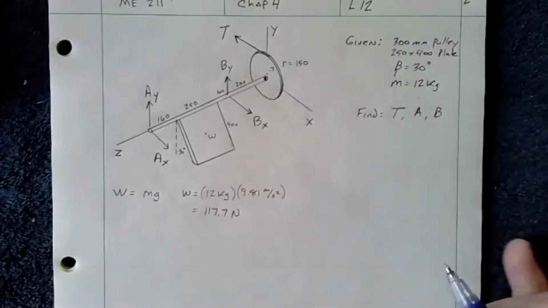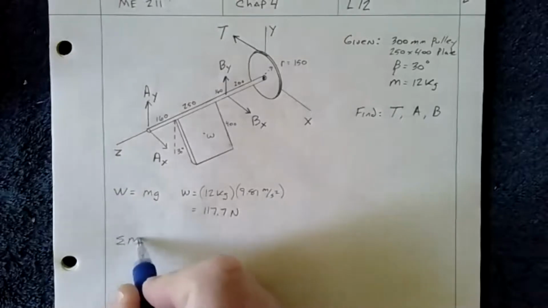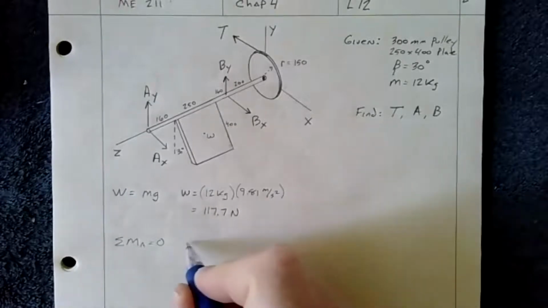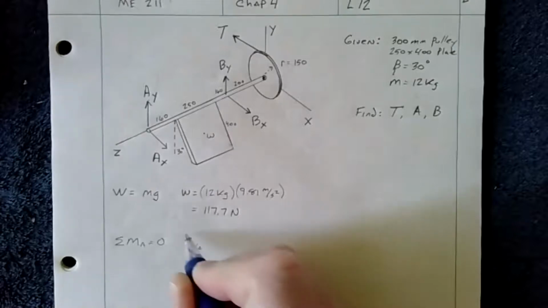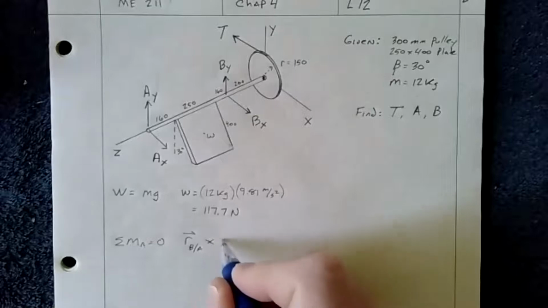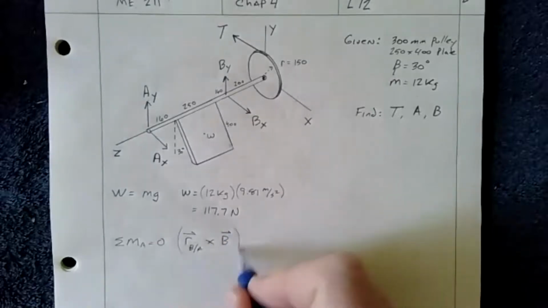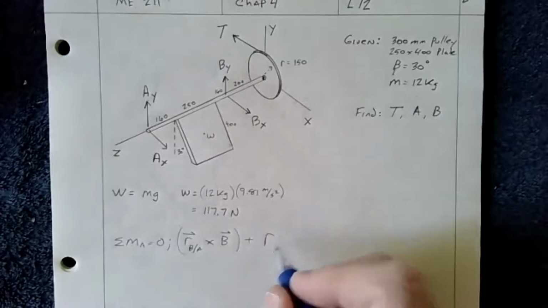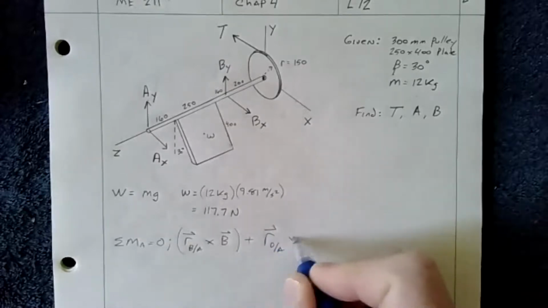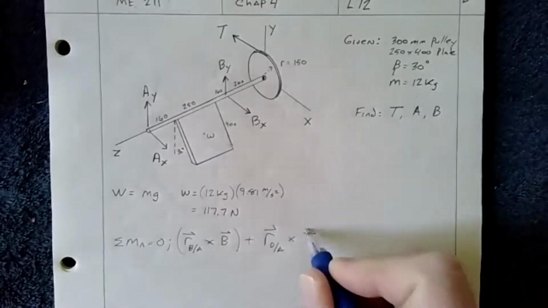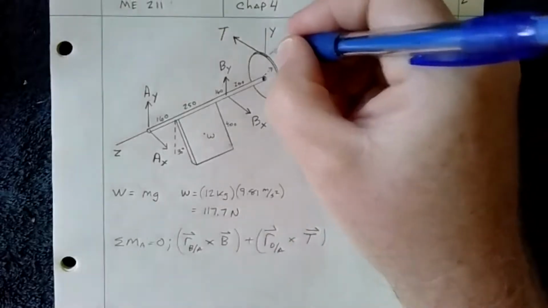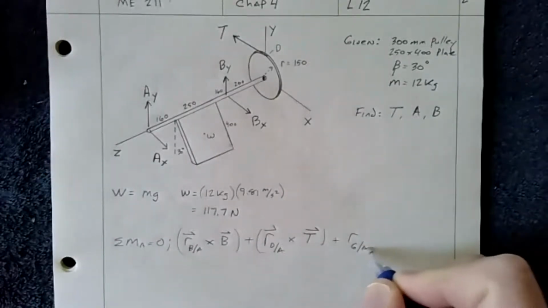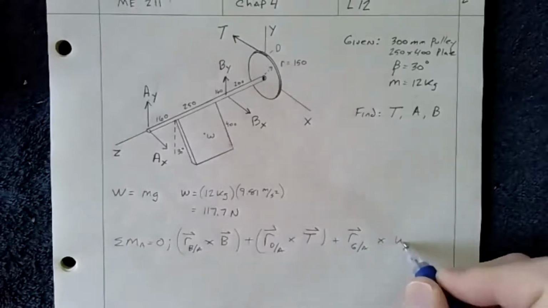So I know then that if I sum moments about point A to 0, then my governing equation is going to be R, B relative to A, crossed with the reaction at B, plus R, D relative to A, crossed with the tension T, and this point up here is D, and then plus R, G relative to A, crossed with the weight.